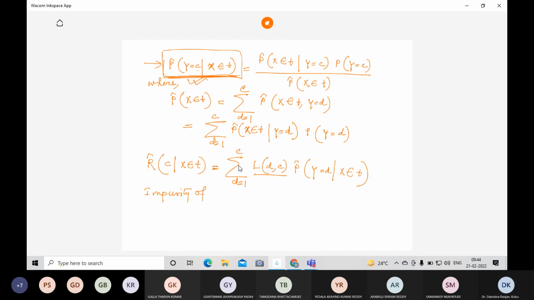Impurity of a leaf node, or impurity of any other node that we have to decide when we design the classification tree.